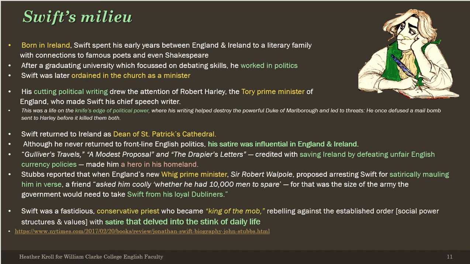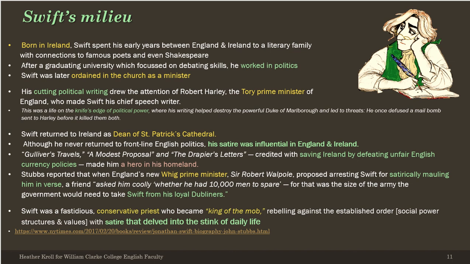That was also due to family connections. Swift was later ordained in the church as a minister, which is what he actually studied at university, and ministerial studies in those days focused on the idea of debate and reason. His cutting political writing when he was younger drew the attention of Robert Harley, the Tory Prime Minister of England, who made Swift his chief speechwriter or debater.